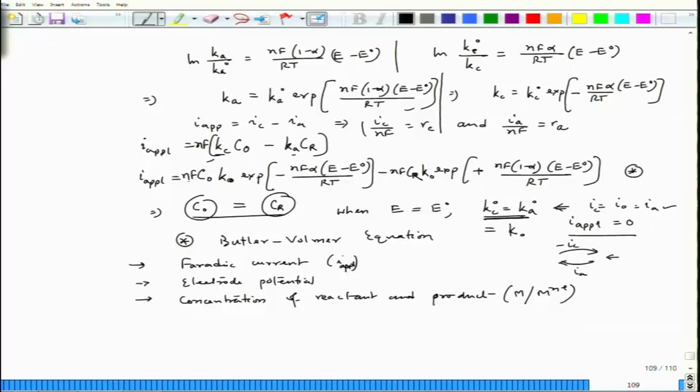So, the only small change, there should be an n F term added to this, and that becomes my Butler-Volmer equation.